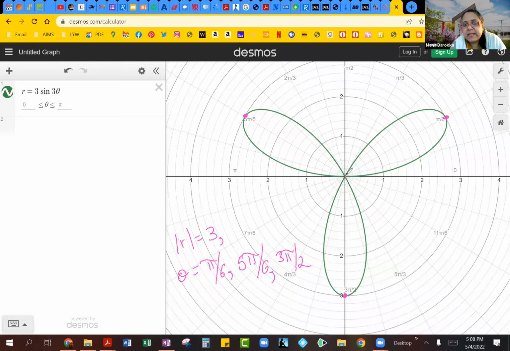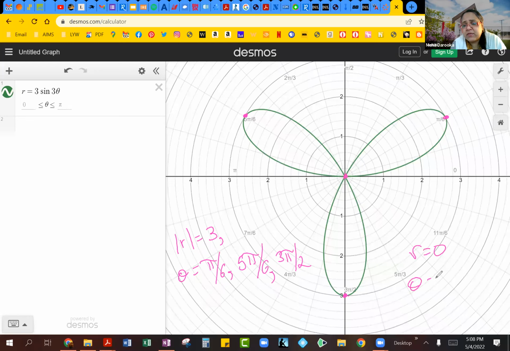You will see we get zeros. And actually, technically, you are getting zeros at different angles because every time a curve of this petal passes through the pole, you are coming up with a 0.